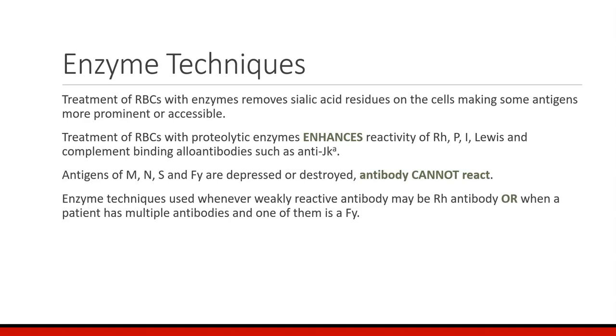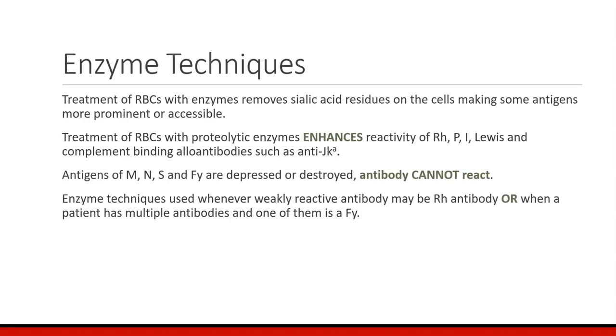So treatment of red cells with proteolytic enzymes enhances reactivity of Rh, P1, Lewis, and complement binding alloantibodies such as anti-JKA. So it assists them in overcoming the zeta potential where the antibodies can actually attach more heavily, and the increased coating enhances the strength of the reaction.